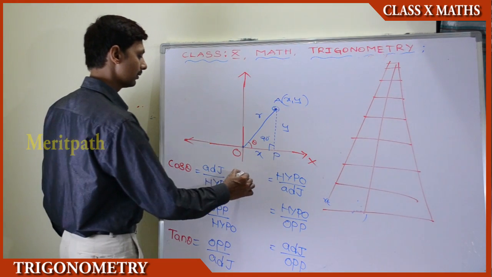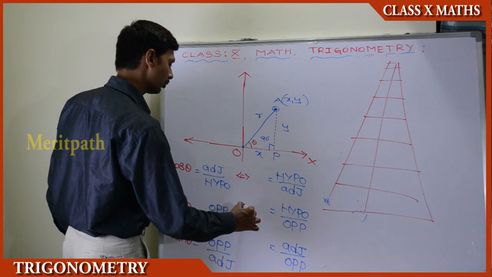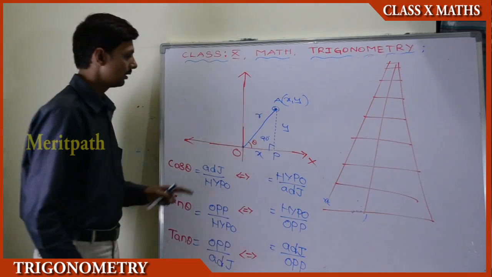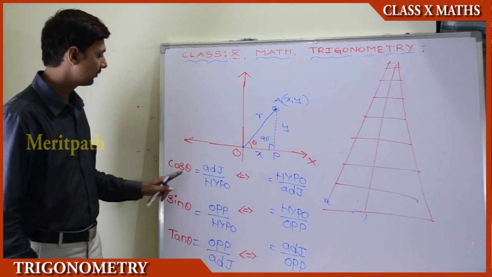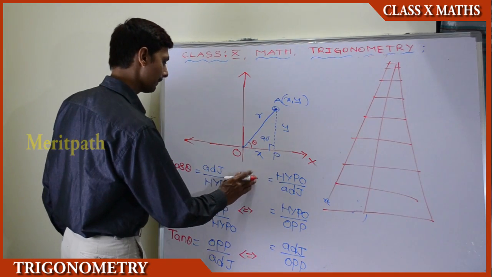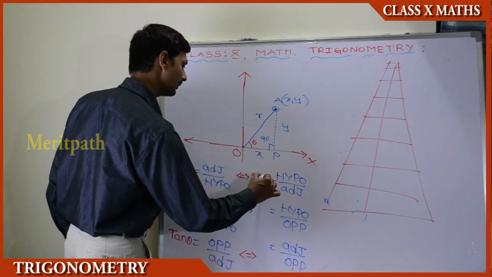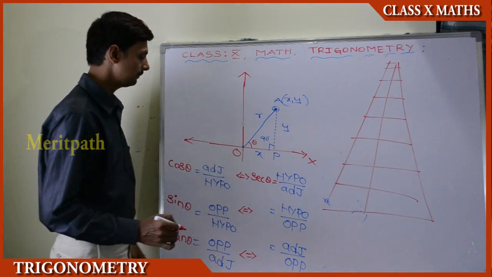Here we have the reciprocals of these ratios. The reciprocal of cos theta is called secant theta, in short form sec theta.